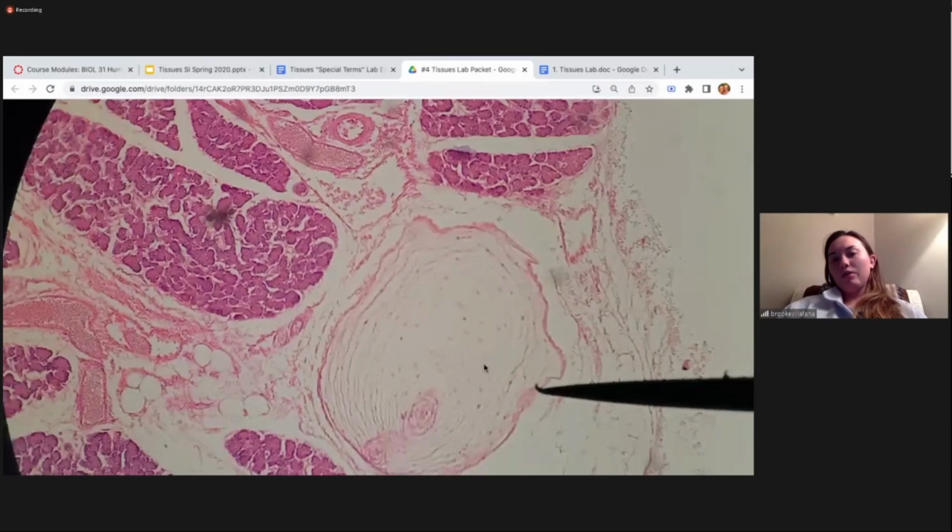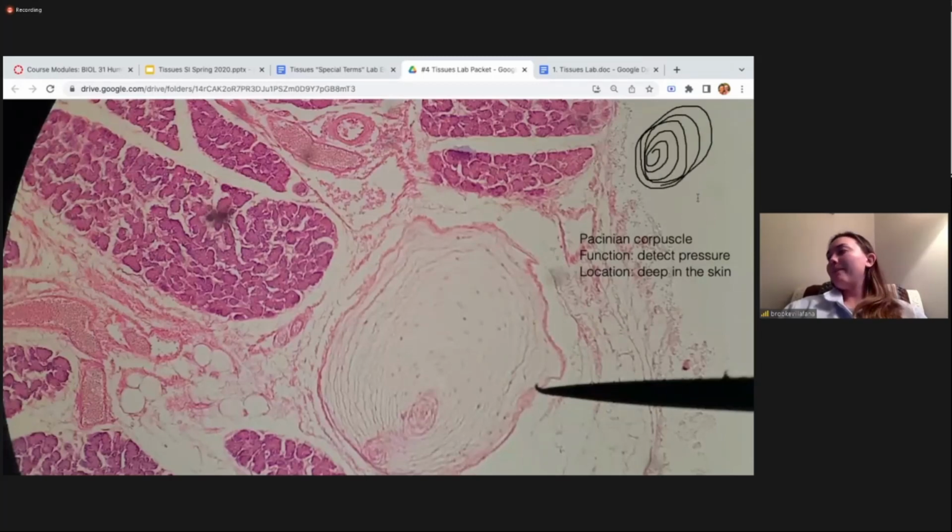Do you see all of these rows and lines of cells kind of looping around? That is our Pacinian corpuscle. Again, Pacinian corpuscle. Function, detect pressure. Location, deep in the skin. And it kind of has this appearance looking something like this.